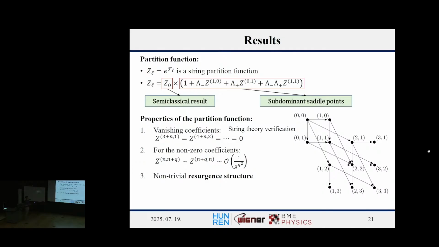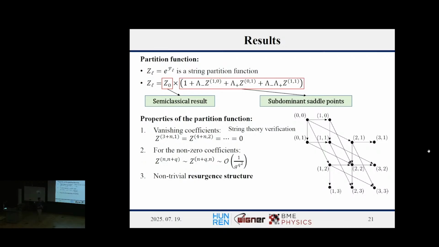Not by accident, it's actually related to a string partition function in the dual theory or some other string observables. The leading order is given by the semi-classical result, and you can get some subdominant saddle points, and this correction will exactly give you those corrections in the dual AdS string theory side.